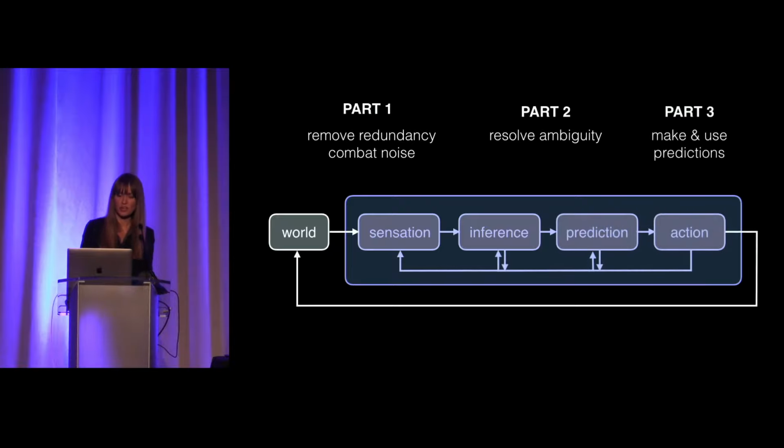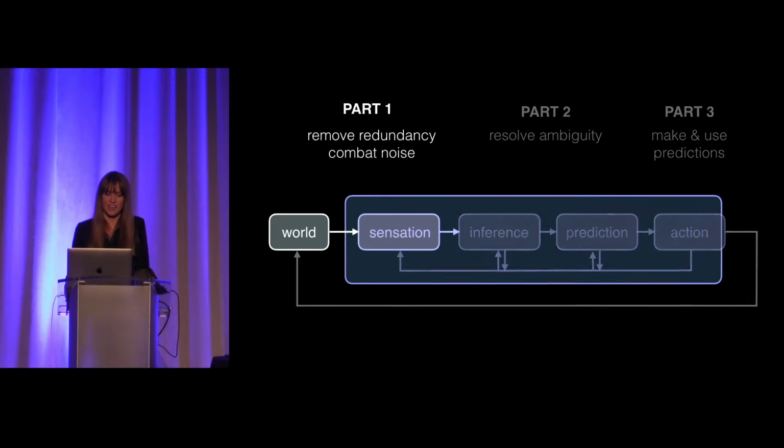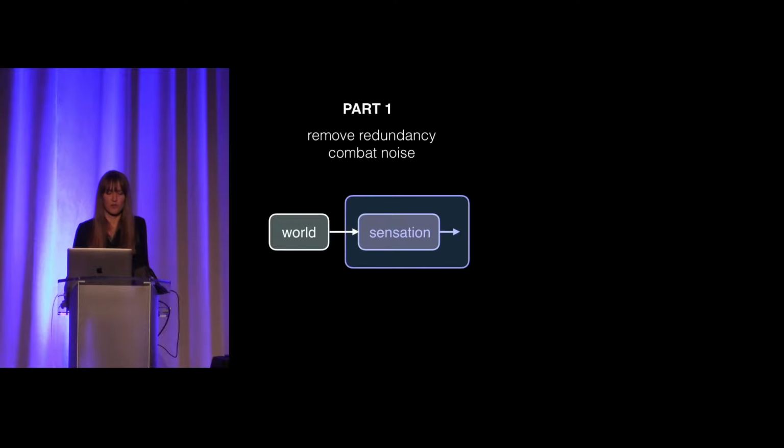And then in part three, we're going to think about how these inferences can be used to form predictions about what is to come in the future, and how these predictions can be used to guide actions. Okay, so this is the outlook for the rest of the afternoon. But we'll start with part one, thinking about removing redundancies and combating noise in the world around us.